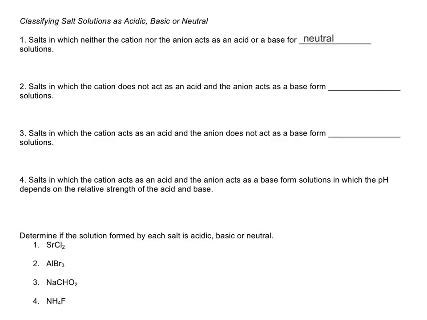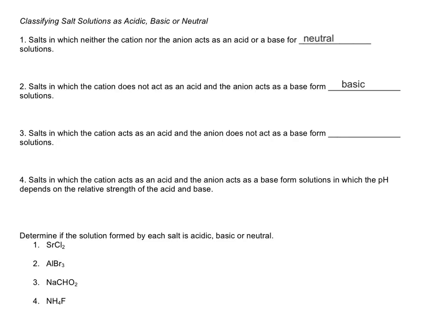The second case would be salts in which the cation does not act as an acid and the anion acts as a base. An example of this would be, again, the cation could be sodium because that's the conjugate acid for a strong base, so that doesn't form any acidic solution. And then the anion would be something that does act as a base.